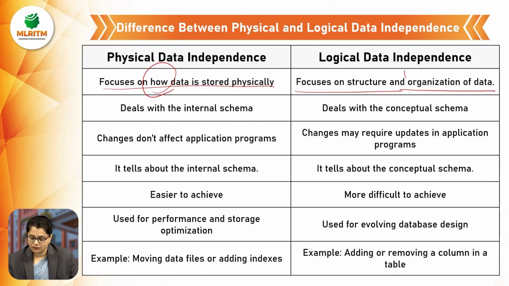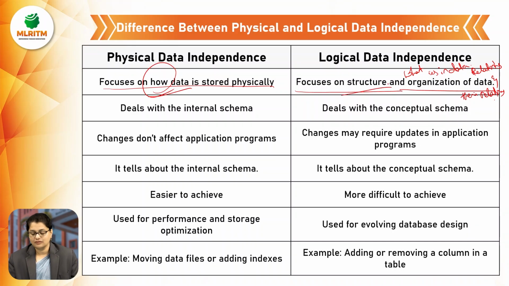That is what the data is in databases, that is the tables, relations and their relationships. So in physical data independence, it is how the data is stored at the physical level.